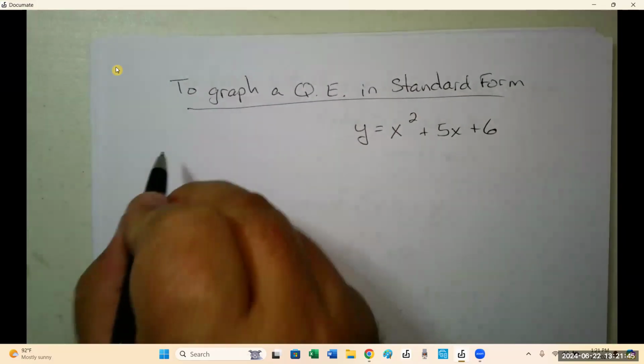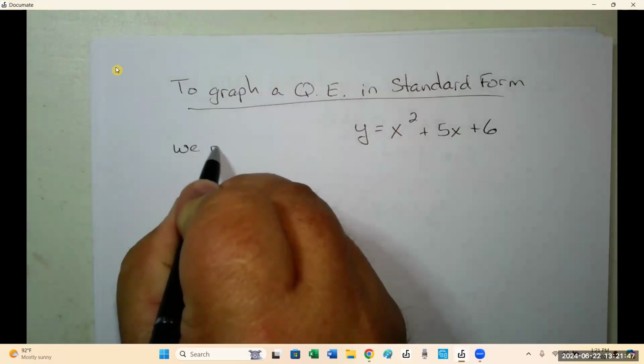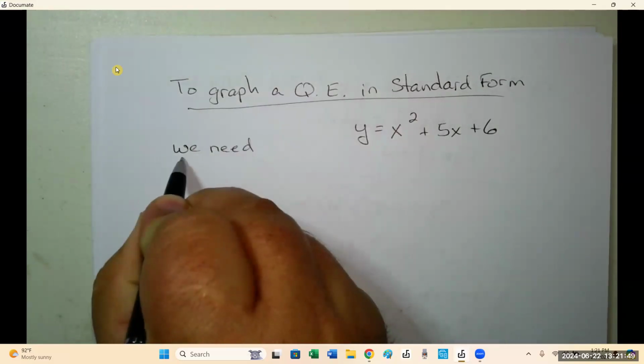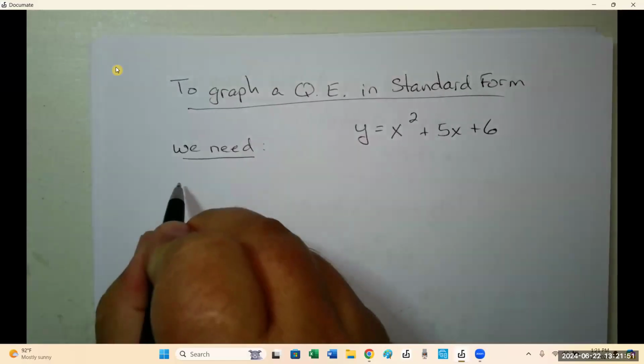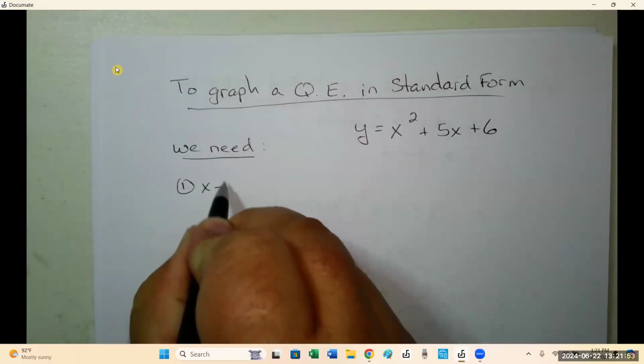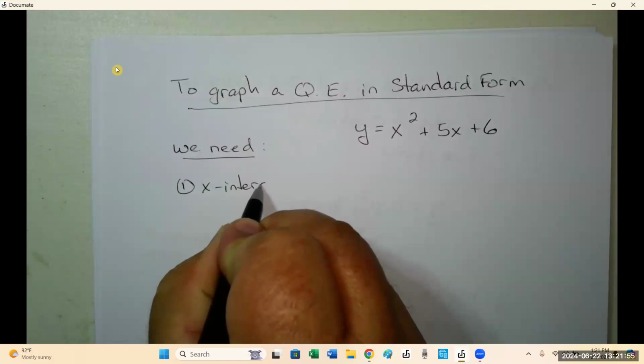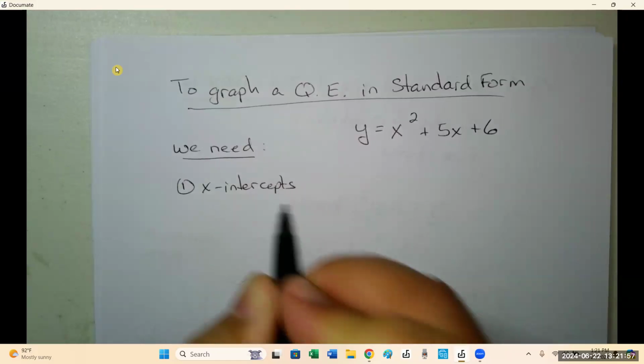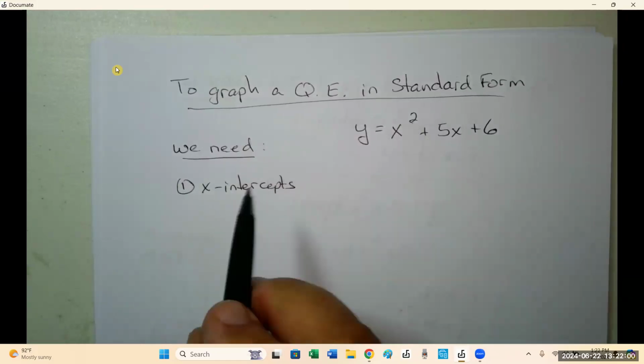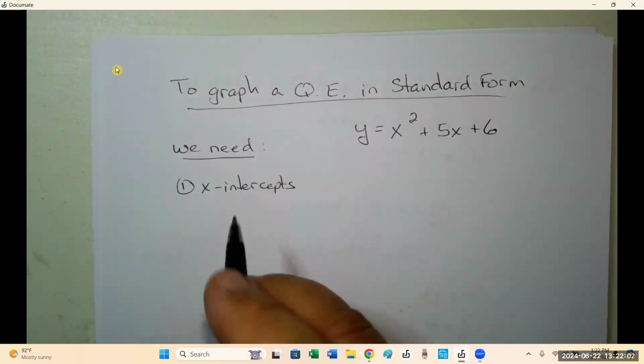To graph it, what do we need? We need the x-intercepts. Remember, since the degree is 2, we'll have at most 2 x-intercepts.